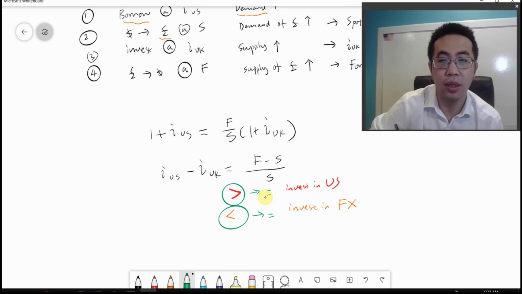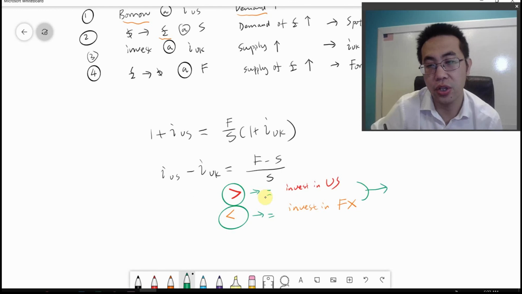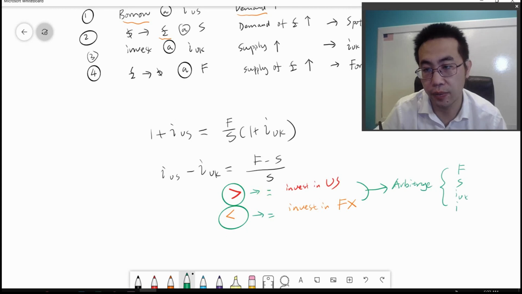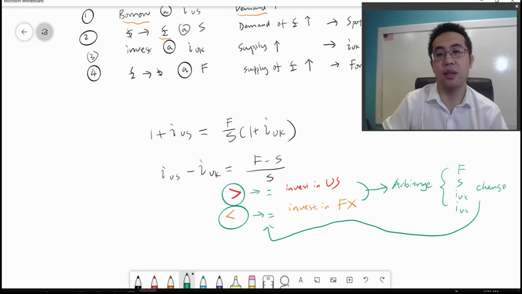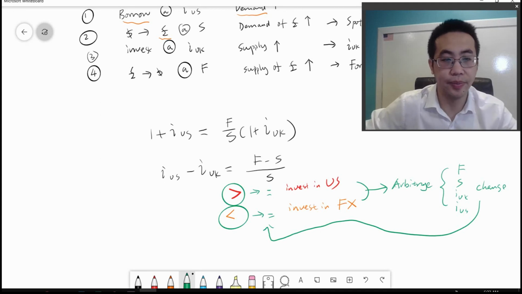Why does that happen? Because no matter whether people invest in the U.S. or in the foreign country, they will do covered interest arbitrage, and this would make the four factors change. And then that would make it go back to equilibrium.